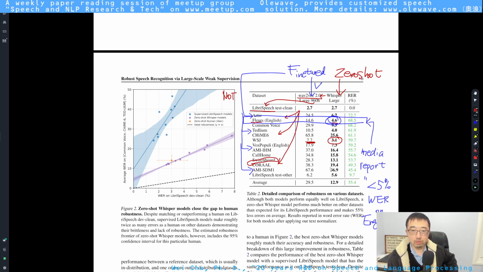But the issue is the FLEURS English dataset is read speech recorded in a clean environment, and in a close-talking environment, and it does not cover the various cases. What do I mean by cases of the ASR usage?